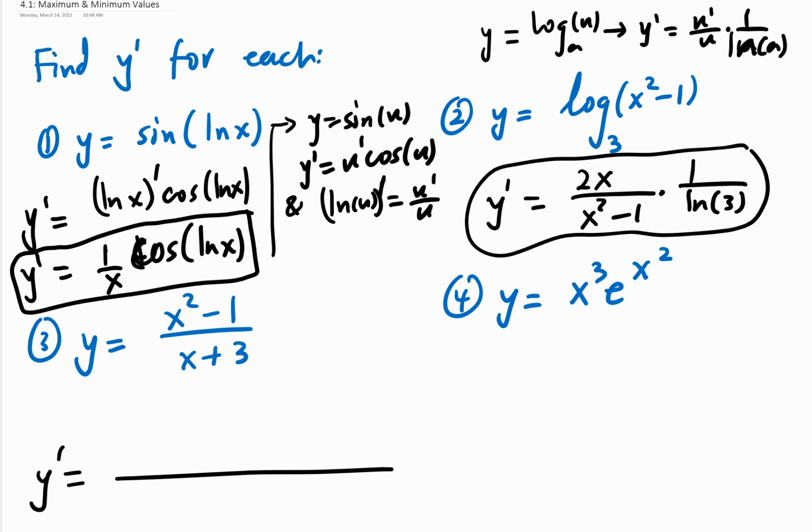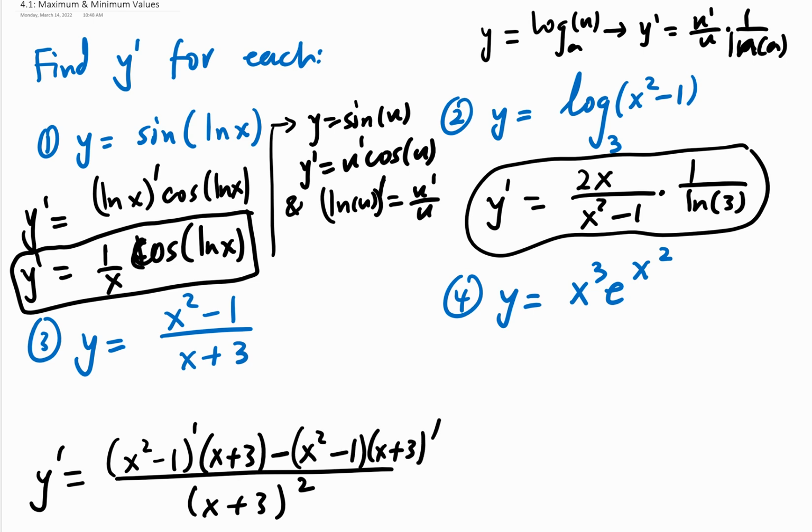Here we do quotient rule. The derivative of the top times the bottom one minus the top times the derivative of the bottom one. That's quotient rule.